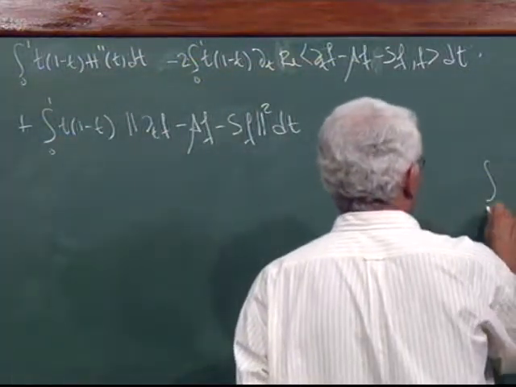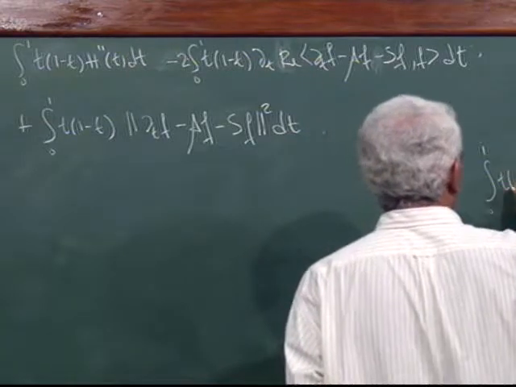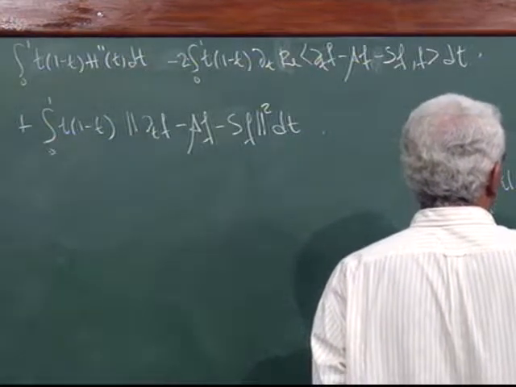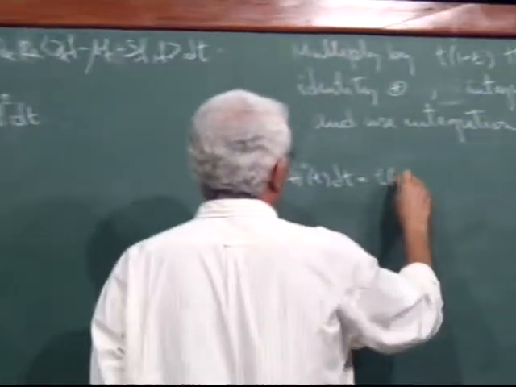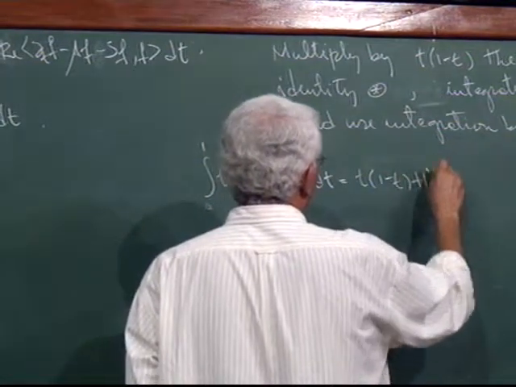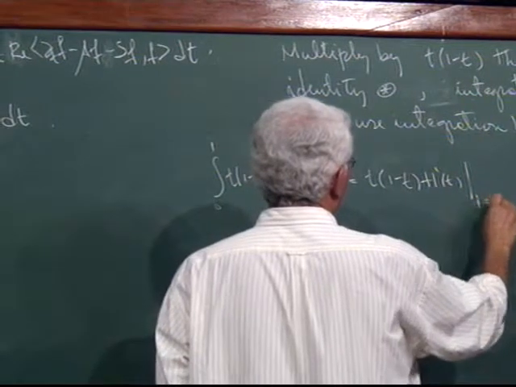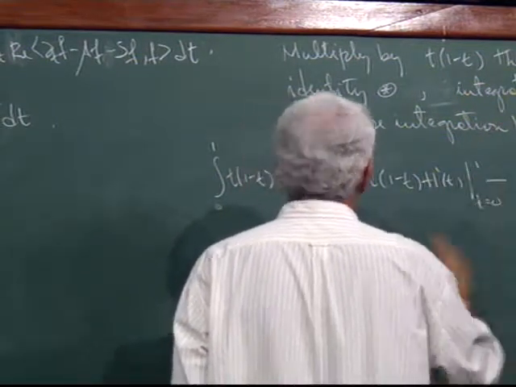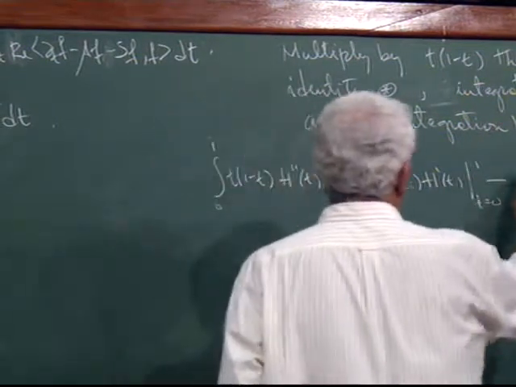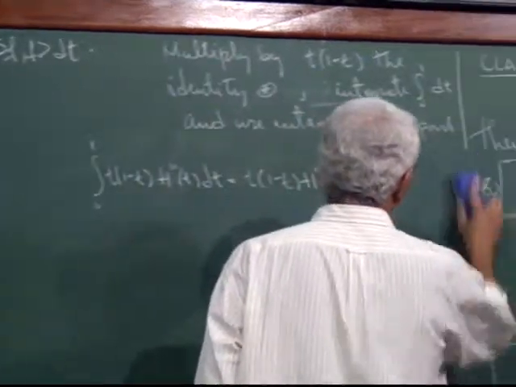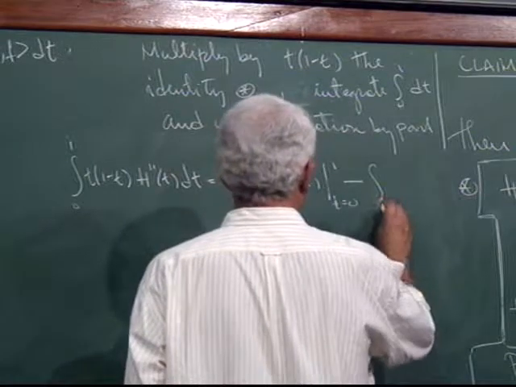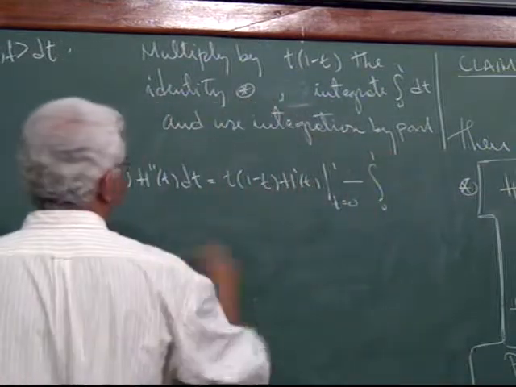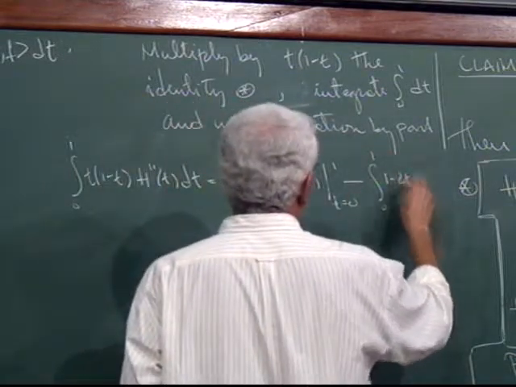Now let's do this integration by parts here and here. The integration by parts of the integral between 0 and 1 of t(1 minus t) h double prime of t dt is t(1 minus t) h prime of t for t between 0 and 1, minus the derivative goes to the other side, that is, when the derivative hits here it is 1 minus 2t, times h prime.